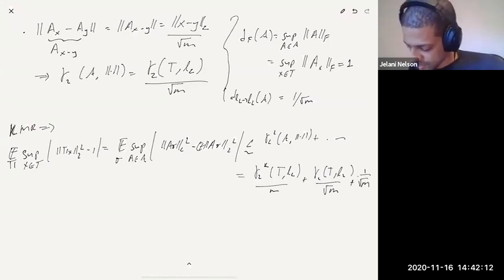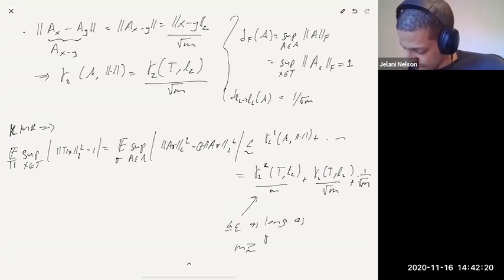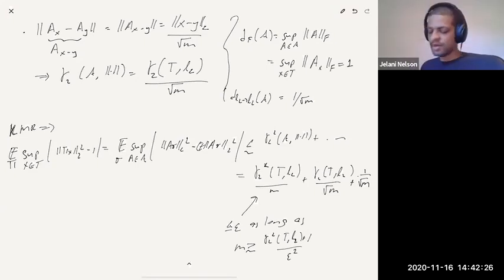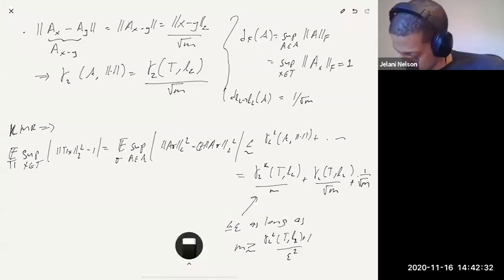So this is at most epsilon as long as m is at least gamma 2 squared of t L2 plus 1 over epsilon squared. But we know that gamma 2 squared and width squared are the same up to a constant. That's the majorizing measures theorem. So this is the same thing as the width squared of t plus 1 over epsilon squared.